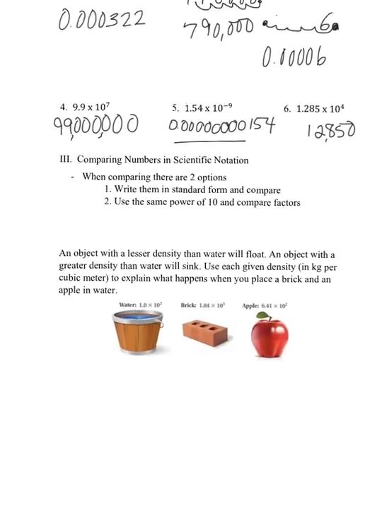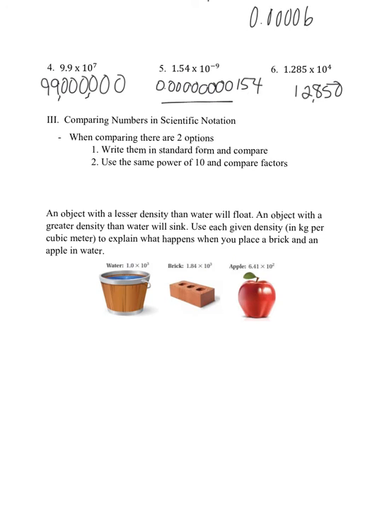The last piece that we have here is comparing numbers in scientific notation. There are 2 different ways that you can do these. You can either write them in standard form and compare them, or you can use the same power of 10 and compare your factors. Pause the video and choose which way you want to do it.